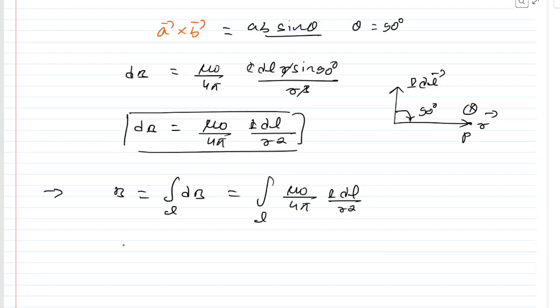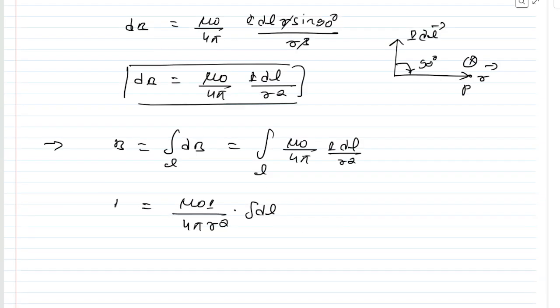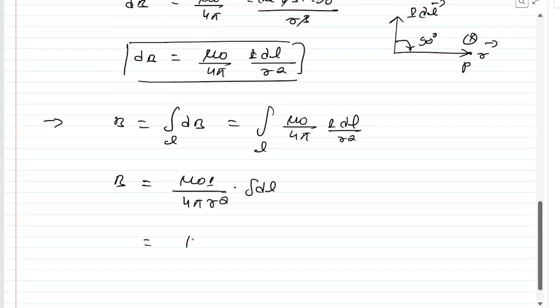Now the terms which are constant we will take out: mu naught I by 4 pi r square into the integration of dl. If we add all the different dl parts of this circular loop, it will be L only.